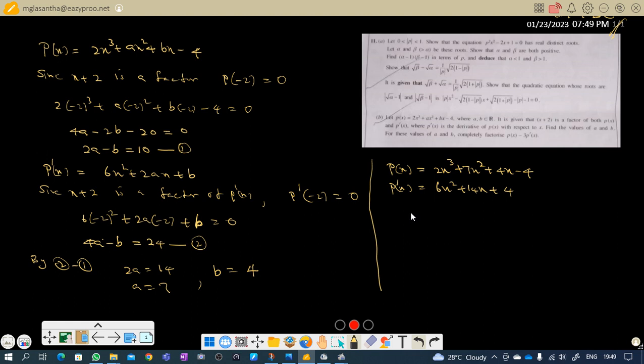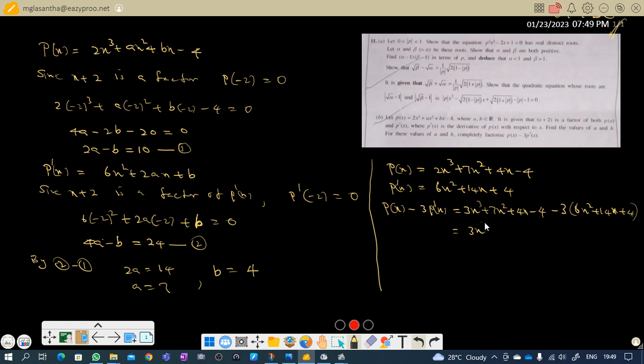Now what you have to do? Now you have to show P(x) minus 3P'(x). What is P(x) minus 3P'(x)? 2x cubed plus 7x squared plus 4x minus 4, minus 3 times (6x squared plus 14x plus 4). Let's see what is that.